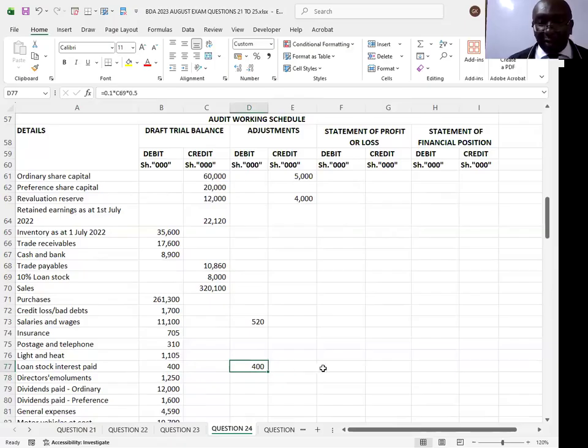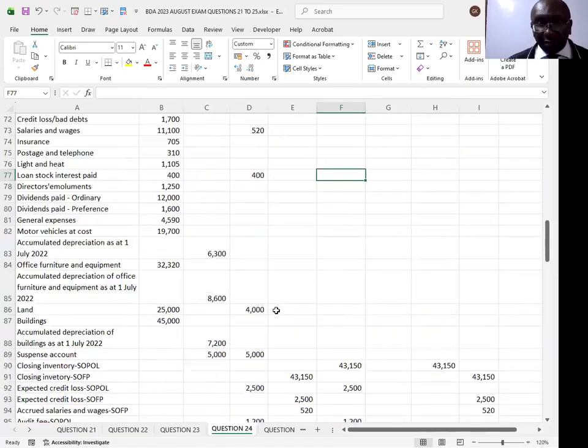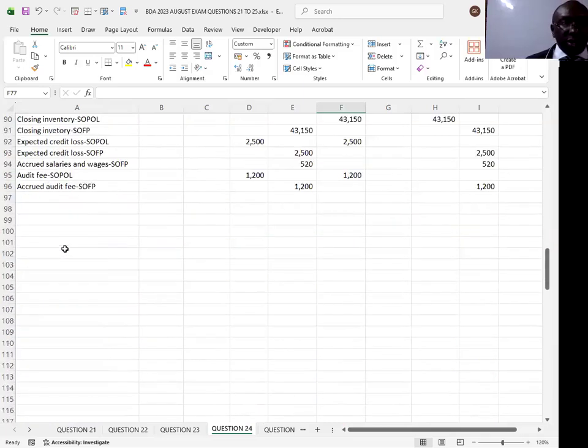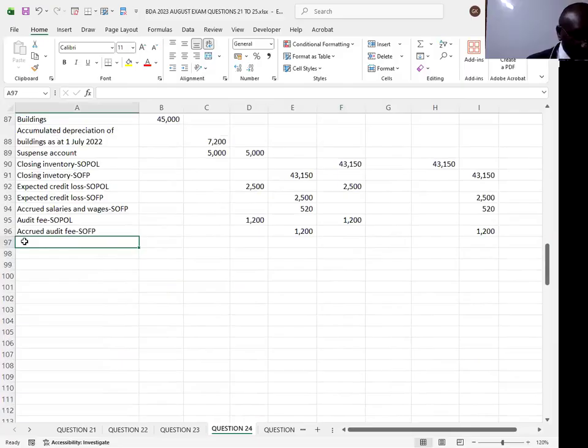Actually, hata tunaweza iweka hapa tu ama acha, sababu hata hizi zingine I'm not completing. Hata tuende huku chini. So sasa this one is an amount not paid. So it's accrued loan stock interest. So tukuje hapa tuandike accrued loan stock interest.